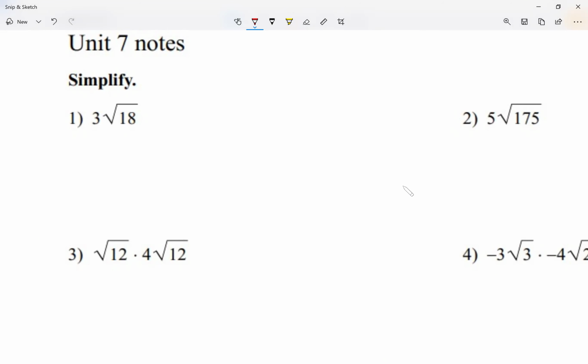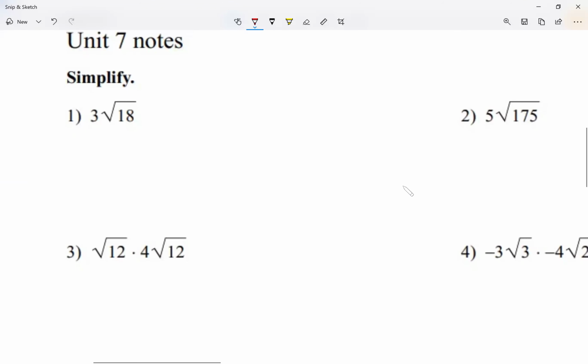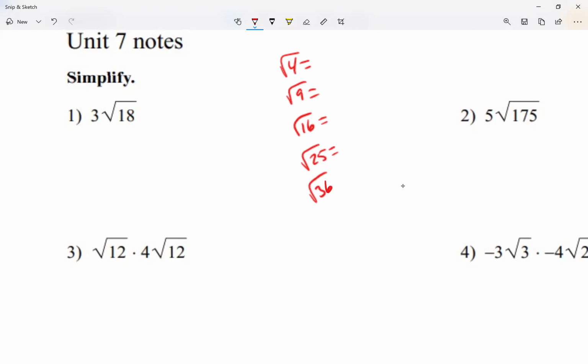The interesting part is that we know how to deal with perfect squares. I'm not going to start with the square root of 1, but let me start with the square root of 4, the square root of 9, the square root of 16, the square root of 25, the square root of 36, 49, 64, and it continues.